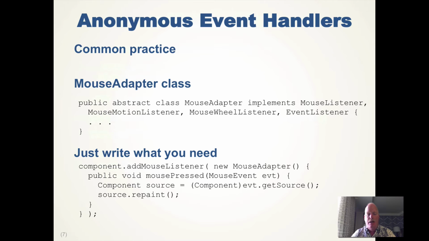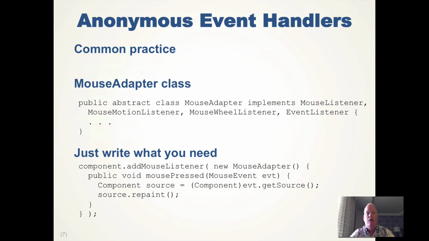It's an abstract class, so you have to extend it, or in our case, we're making an anonymous event handler by saying new MouseAdapter. So we're going to take an instantiation of the MouseAdapter, which is abstract, but we're going to supply the method or methods that we want to override on the MouseAdapter class. And by supplying the actual implementations, that gives us a new anonymous event handler.